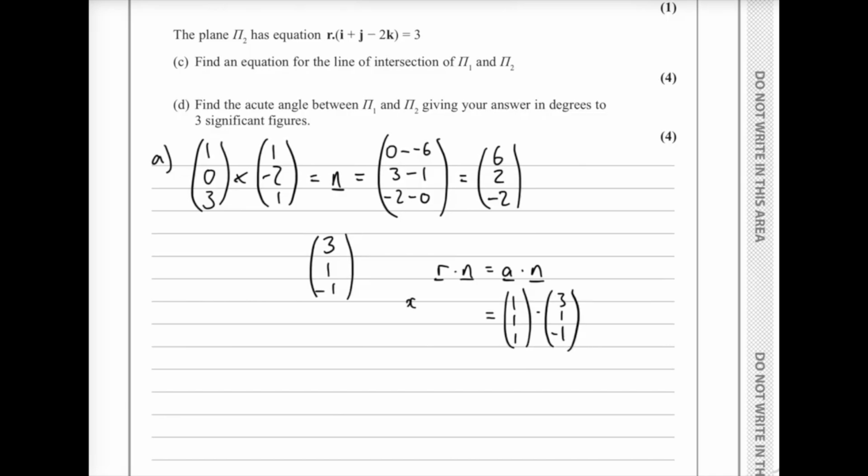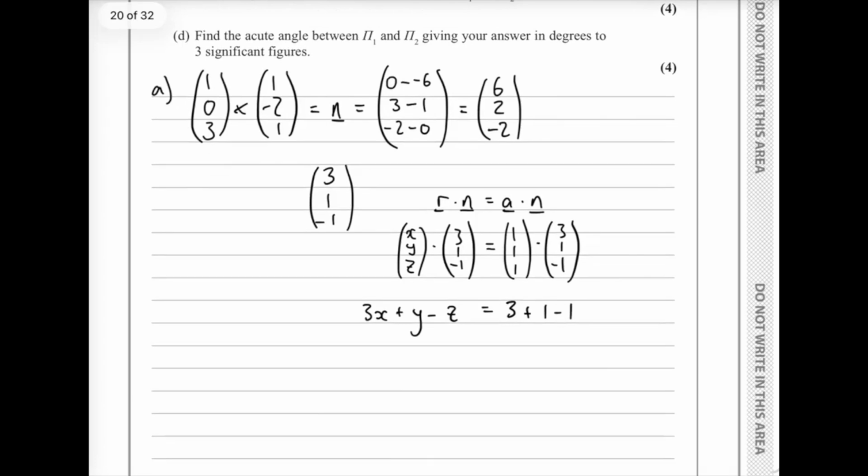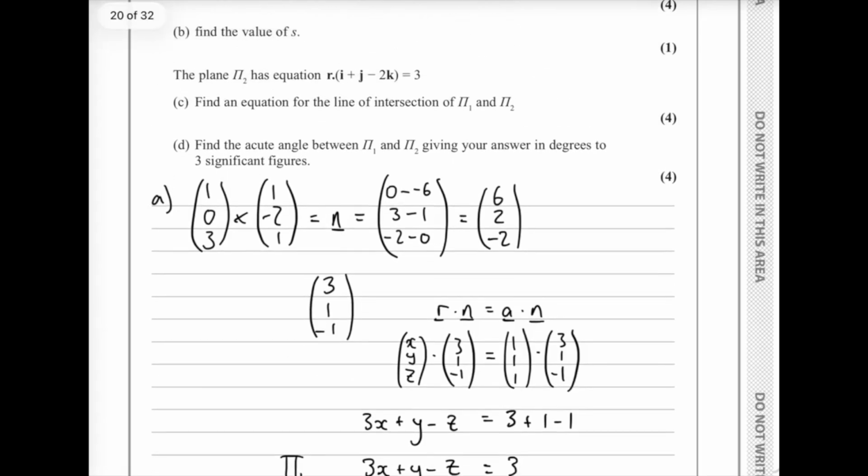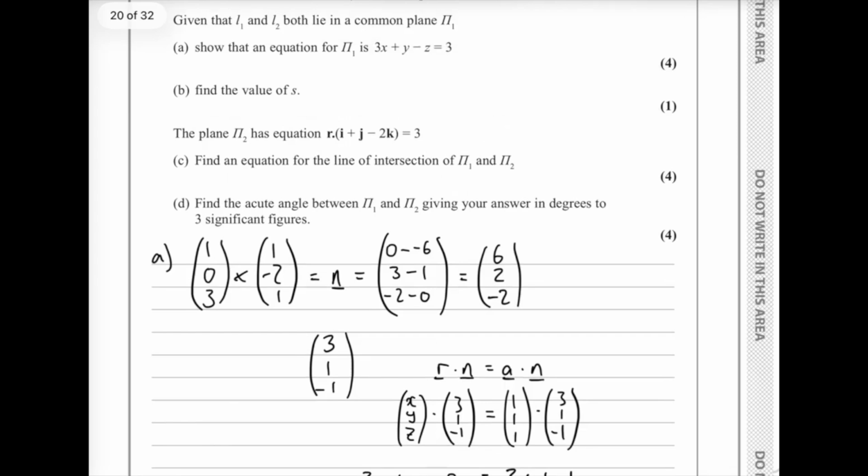Over here, r is the general x, y, z, and 3, 1, minus 1 again. So we get 3x plus y minus z is equal to 3 plus 1 minus 1, and that's just a 3. 3x plus y minus z equals 3 is an equation for pi1, and that does match what we need.